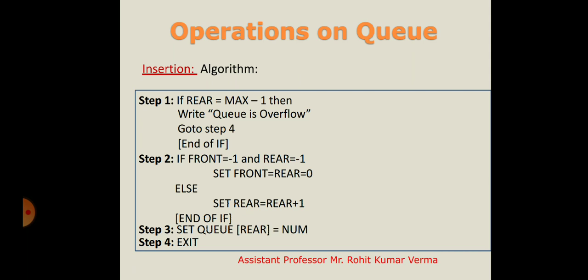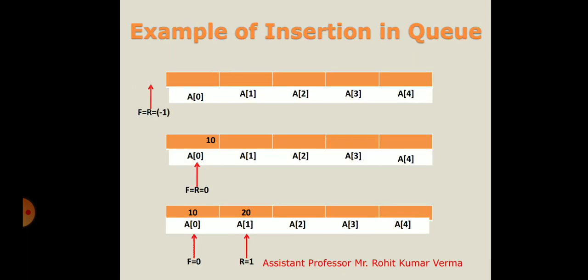So dear students, suppose in the first case there is no item in the queue, our total queue is empty. So in that case, front is -1 and rear is -1 because our address locations start from 0. Okay, here you can see our address locations start from 0.